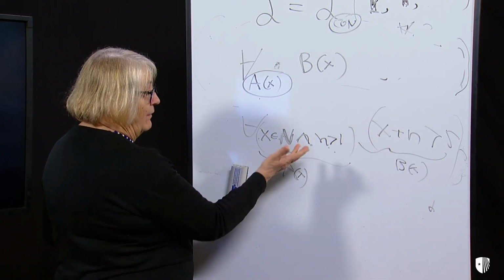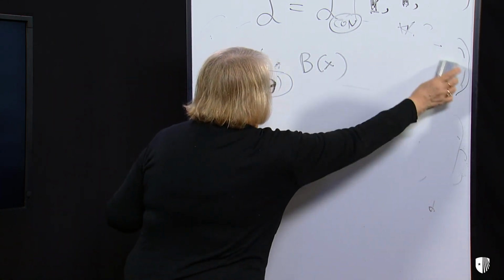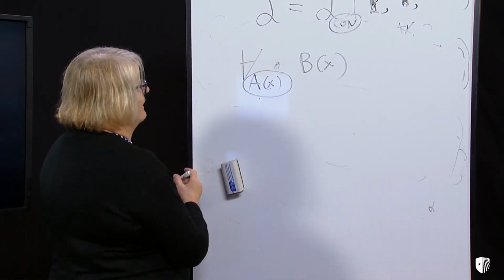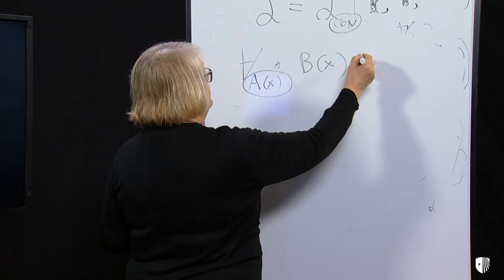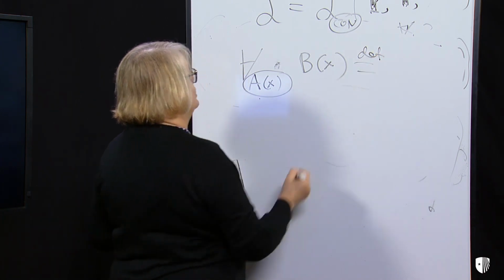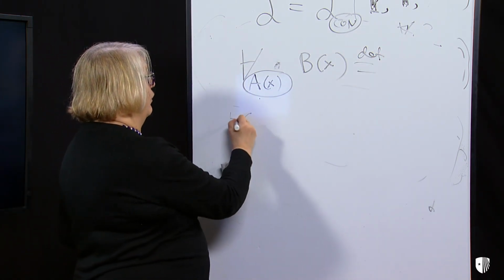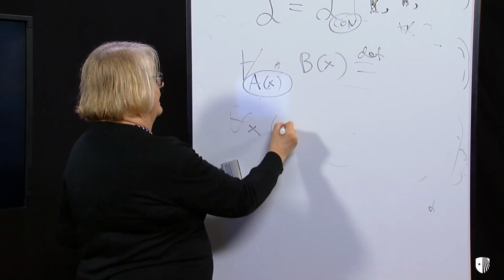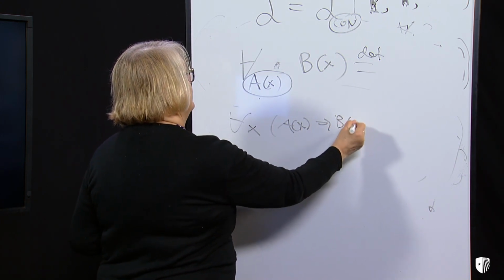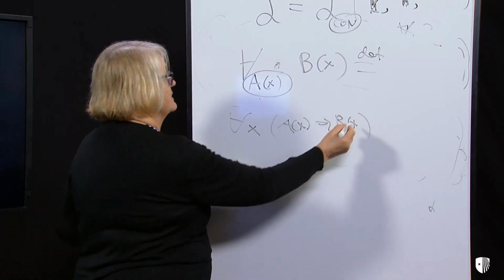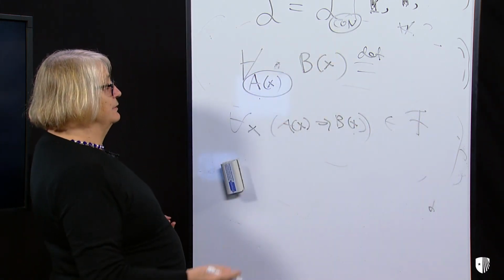I want to be able to analyze this kind too. By definition, we replace it by: for all x, A(x) implies B(x). And you can see this is a proper formula of our language.